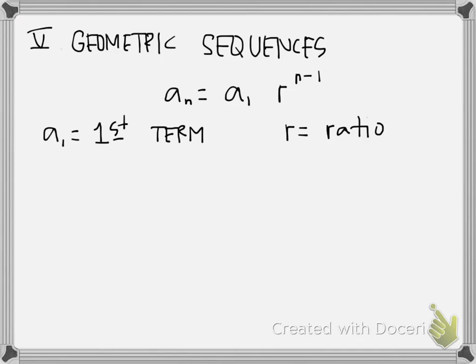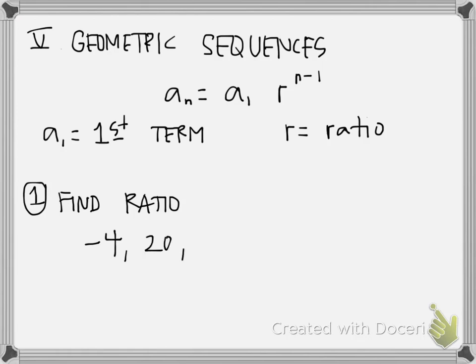All right, so if I wanted to find the ratio, -4, 20, -100. We would divide, remember, so we would take -100 divided by 20, so that ratio there would be a -5. And same thing, 20 divided by -4 would also be a -5. So my ratio there would be a -5.